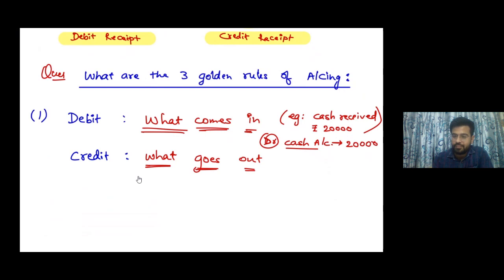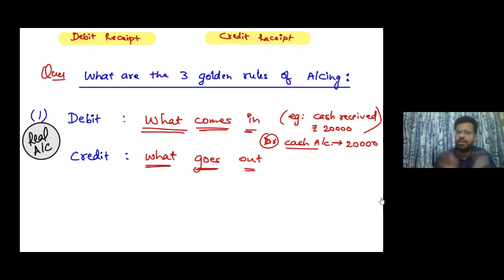Anybody knows about the real account, personal account, and nominal account? So the first rule which I am telling you right now is about the real account. What do you mean by real? The things which can be seen coming into the business and going out of the business.